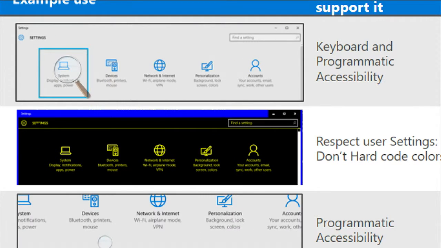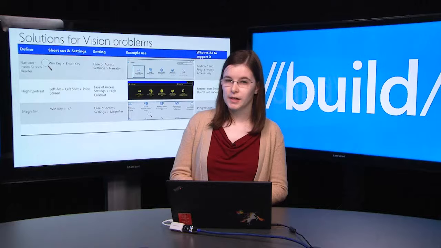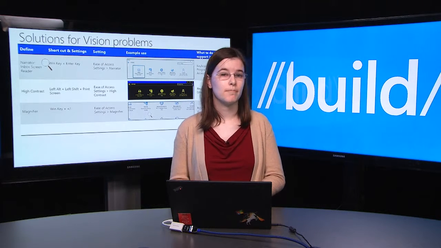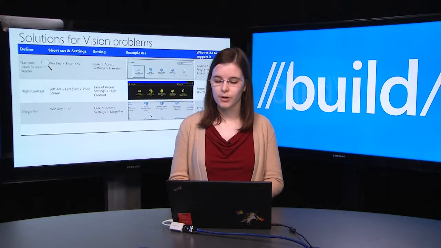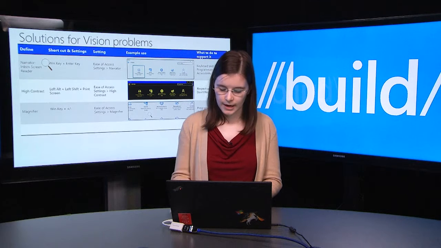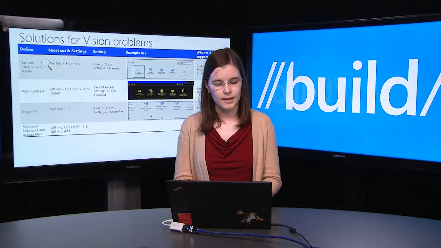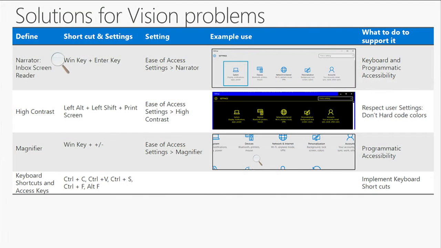And I can zoom back out with the Windows minus key. So great example of another tool for low vision. And it's important as a developer to provide correct programmatic accessibility, because programmatic accessibility will be used to help track the focus.